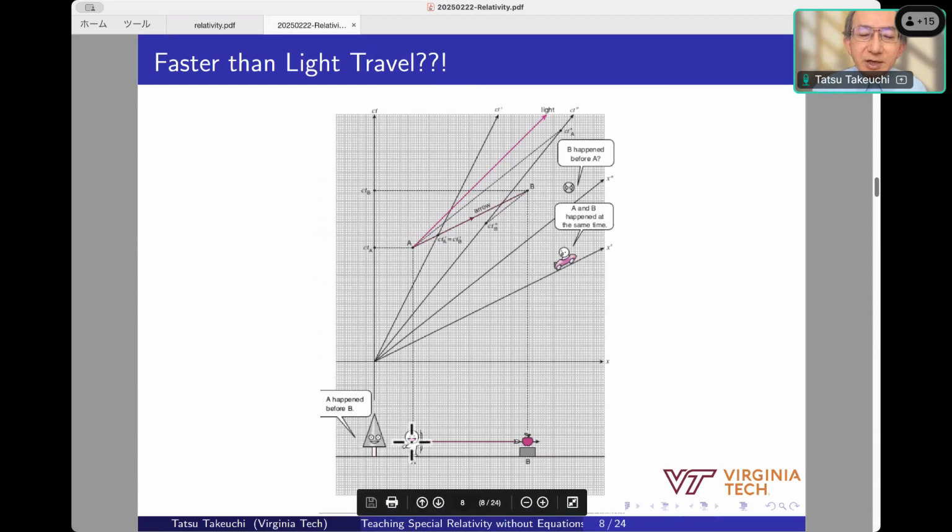So the speed of the arrow will be infinite because it takes 0 time to get from point A to point B. But if you look at the same situation from a frame which is moving even faster to the right, then B happens before A, and you encounter the peculiar situation that the apple is hit by the arrow before it is fired. Okay, and that doesn't make any sense whatsoever.